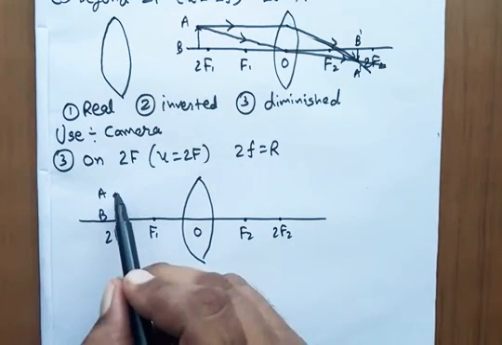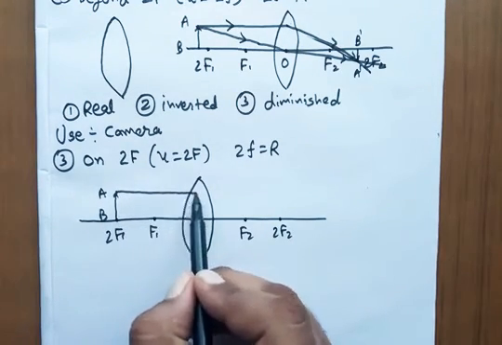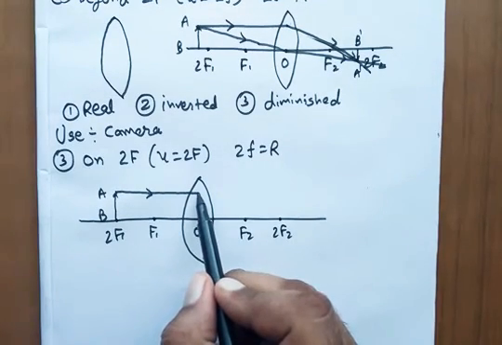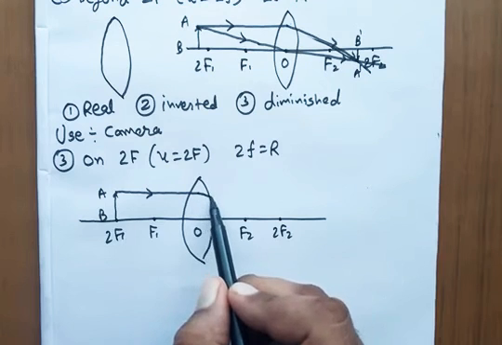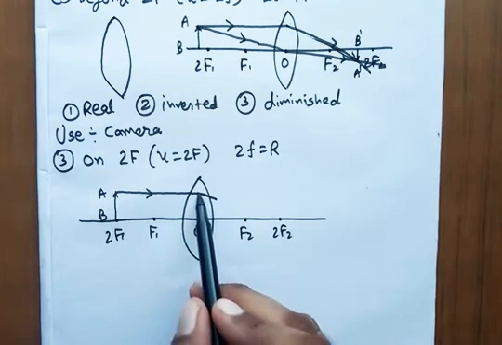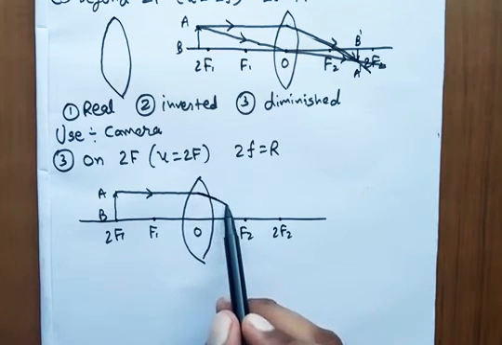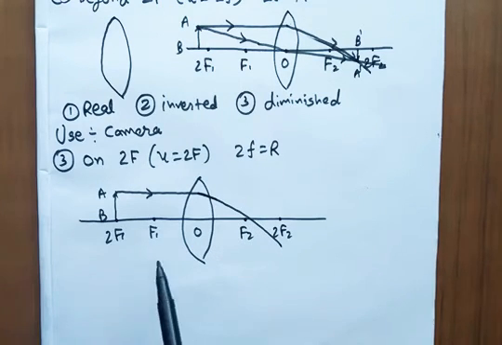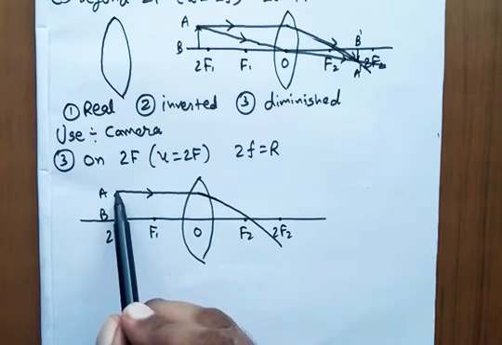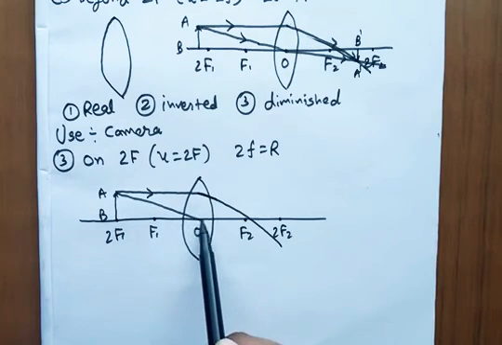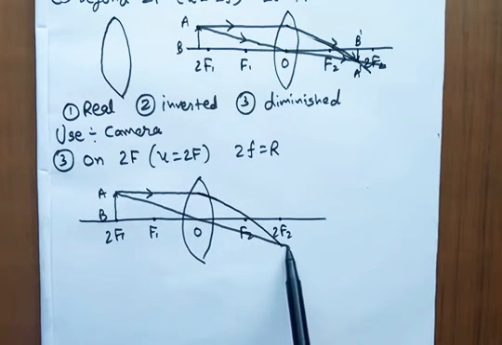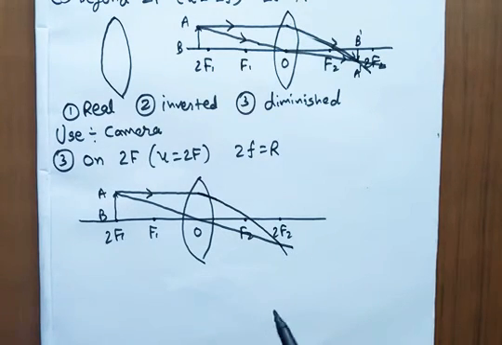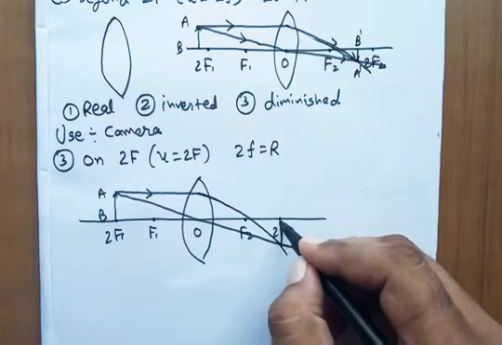Okay, now light rays are emitted onto the surface of the lens. After emission refraction takes place and the ray goes like this. Clear? Okay. Now another light ray passes through point O, and it will intersect at a point, and this intersection point is exactly on the point 2f2.